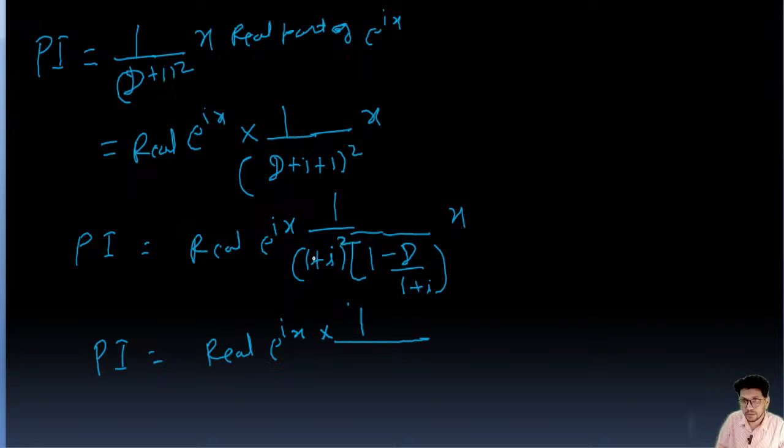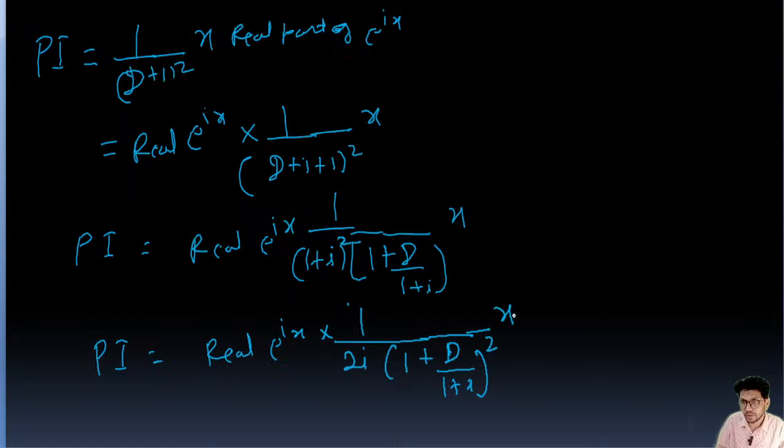So this we will open because it is a whole square, right? So 1 square plus iota square minus 1, or rather plus 2 iota, right? Minus 1 will get cancelled, so instead of this we'll write 2i, and this is going to be 1 plus D upon 1 plus iota, to the power minus 2, into x.